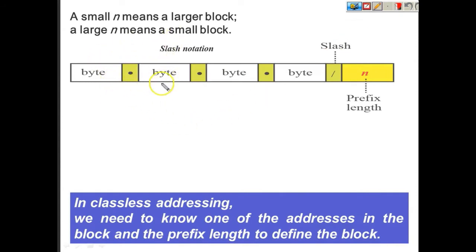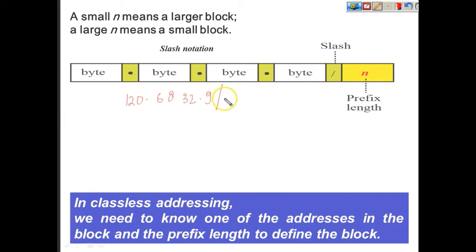So how are we going to represent classless addressing? We write the first byte dot second byte dot third byte dot fourth byte, slash n. That means we can write any logical address using classless in this form. Let's say 120.68.32.9 is our logical address. But if we are using classless addressing, then it is mandatory to specify the slash n value.